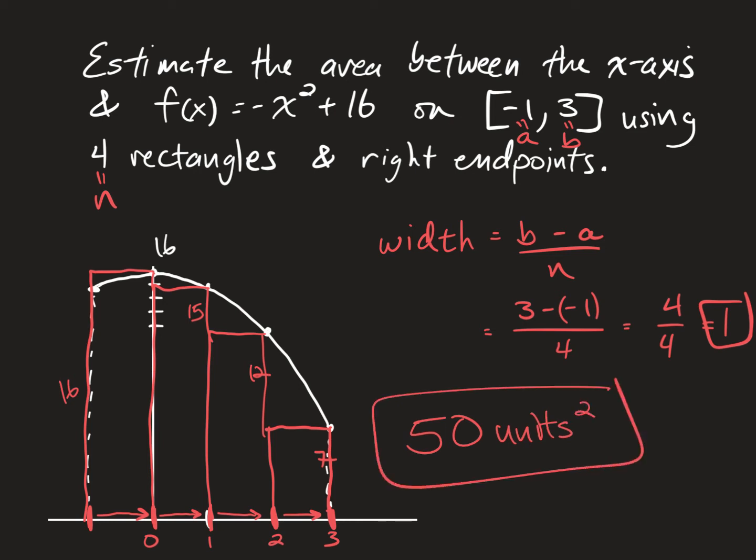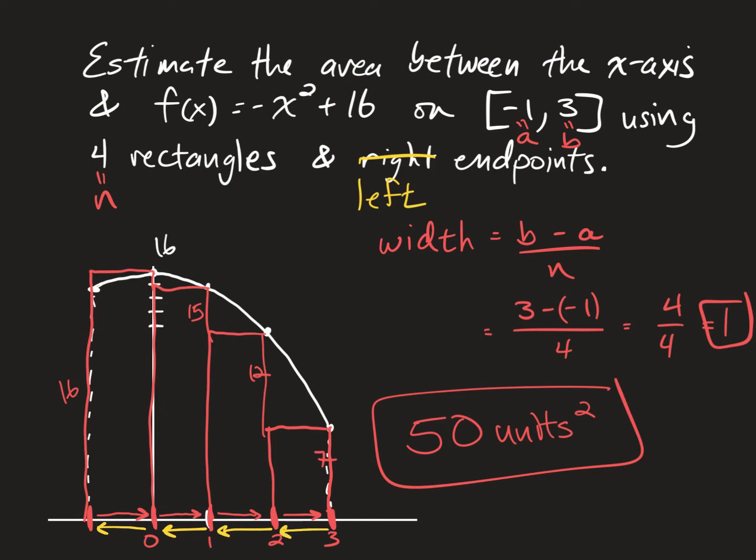Now, I could have very easily come along and said, okay, well, we don't want the right endpoints, we want the left endpoints. And so what that would do is it would say here, instead of looking at the right side of this interval for the rectangle, we would look at the left side of the interval for each rectangle.